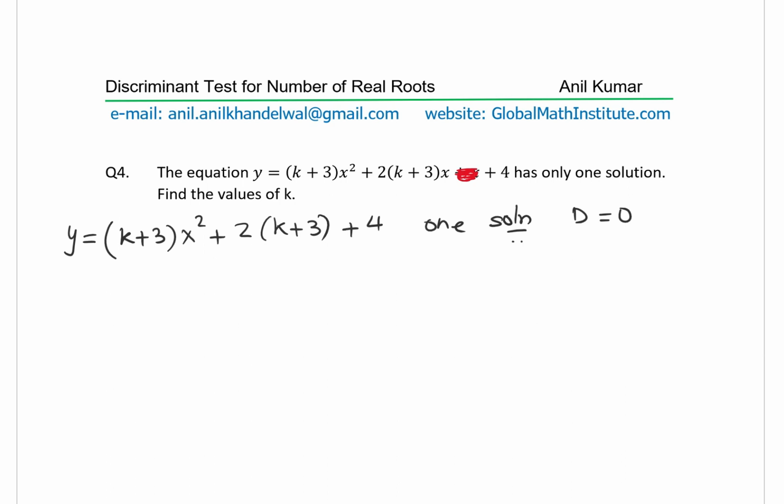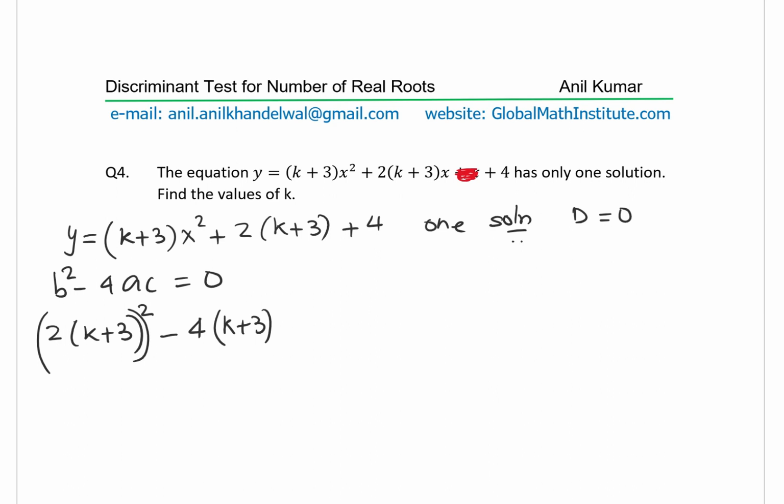So we want b square minus 4ac as equal to 0. B is 2 times k plus 3 here, that is b. Square means you will square both the coefficient of k plus 3, which is 2, and also k plus 3. So b squared minus 4 times a, which is k plus 3, c is which is 4, and that should be equal to 0. So that is the equation which you need to solve.